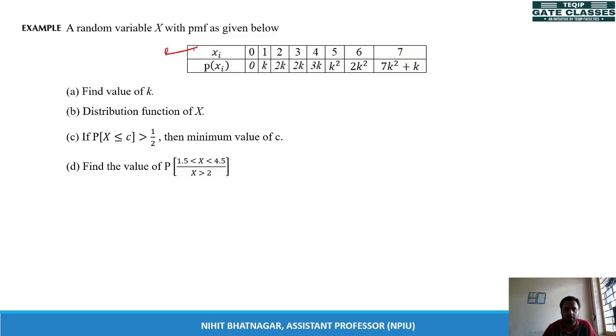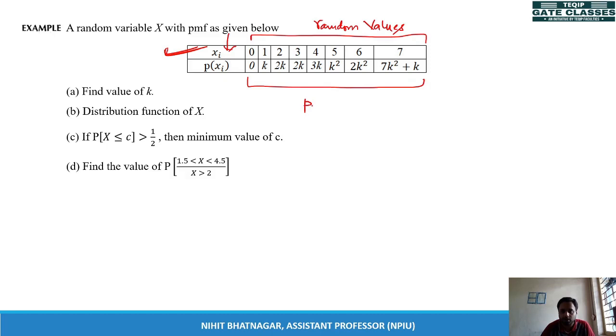This is the PMF of random variable x. These are its random values and their respective probabilities.